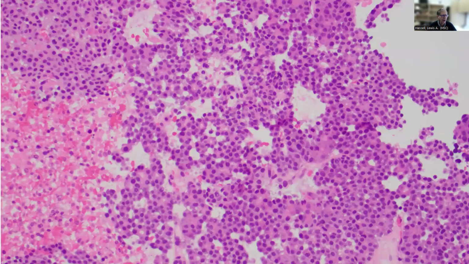Here's the highest magnification view, and we can see a little bit more of the nuclear detail here. A mild pleomorphism in size and shape, but generally centrally located nuclei, somewhat granular appearing pink cytoplasm, and no prominent nucleoli, so no macronucleoli. Maybe a mitosis or two in a few areas here. We can see one there.